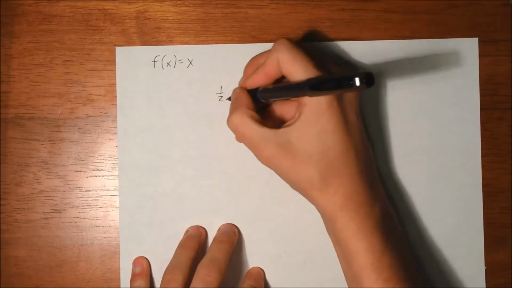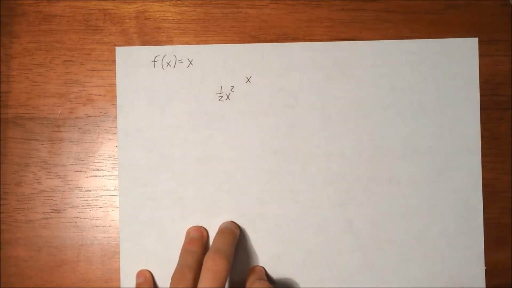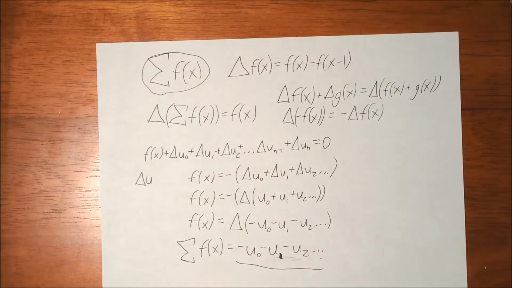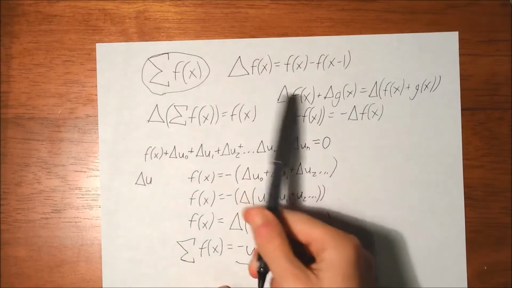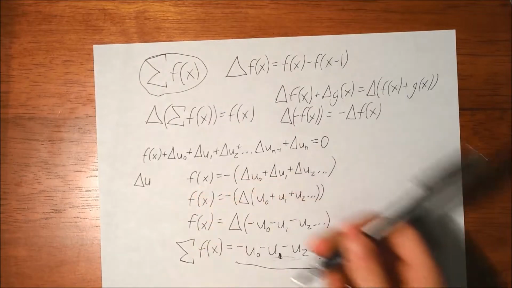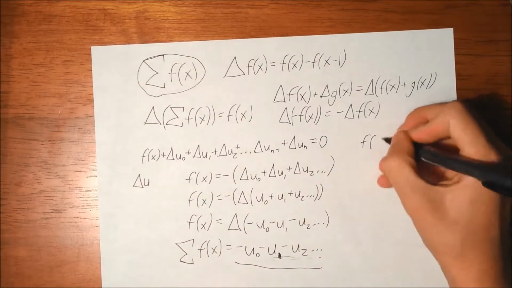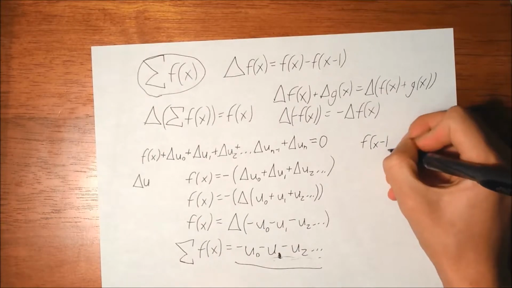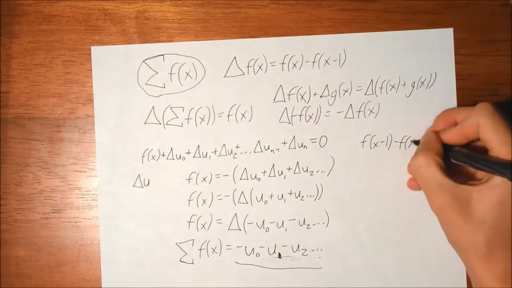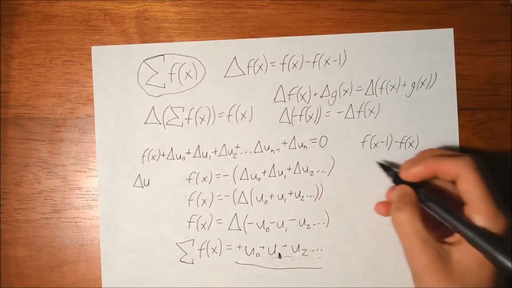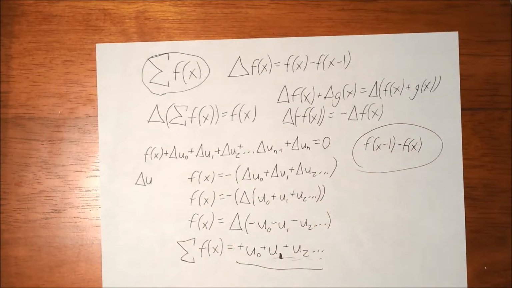So that's 1/2 x squared. Now, right here it has the negative values, but you can avoid this by taking the negative delta, I guess you could call it, which instead would be f of x minus 1 minus f of x. So that would make these values all positive if you used this.